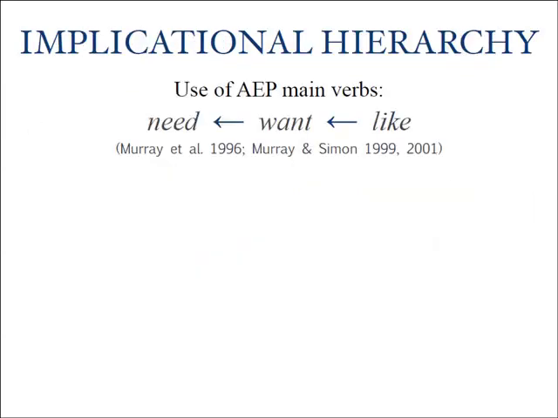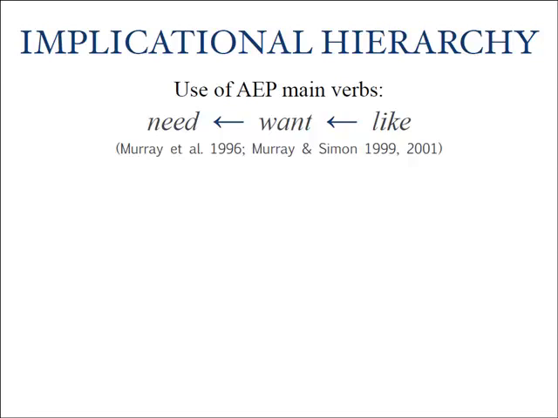So there's been some sociolinguistic research on this construction, and in particular, there was a series of 3 papers, so in 1996, 99, and 2001, by some American researchers, and they looked at the AEP with these 3 verbs, and they essentially did a paper for each of these verbs.